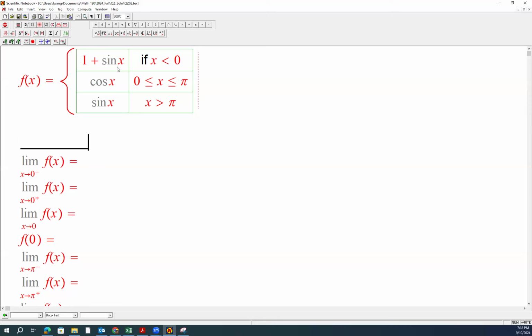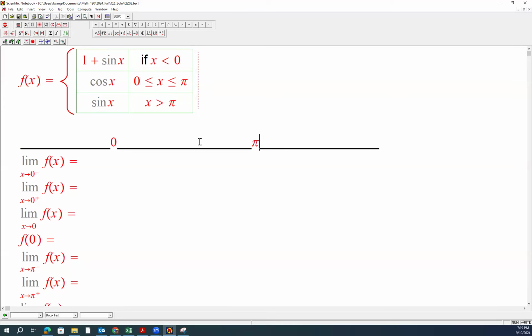So we have this number line. There are three intervals. There's a point 0, and there's a point pi. These are the two places where the three intervals are being cut.